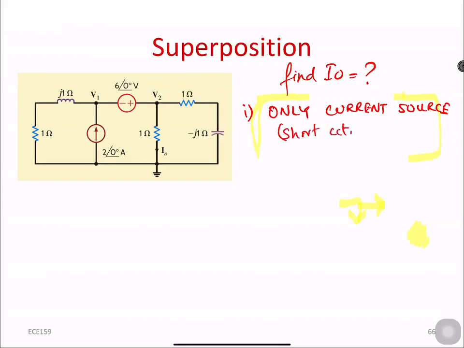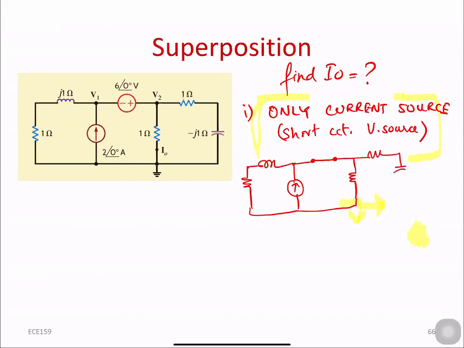So I will redraw the circuit. I keep this current source and simply short circuit this voltage source, and redraw the circuit exactly the same way as it is.